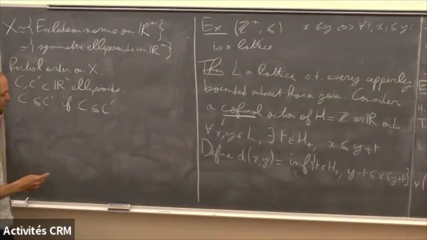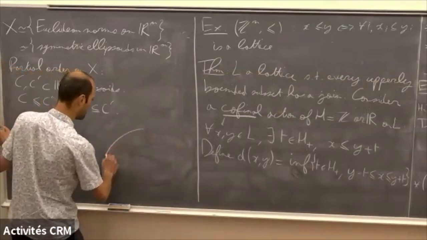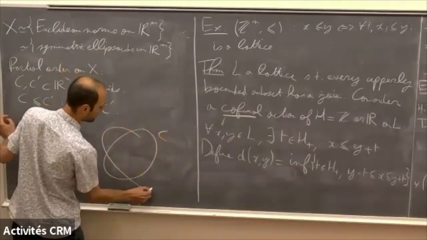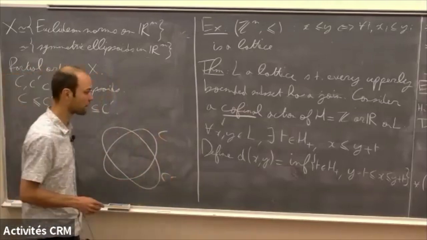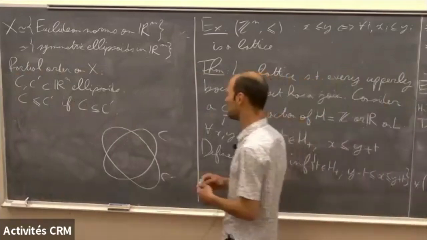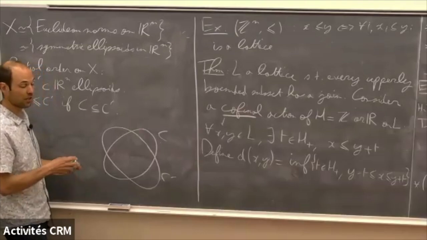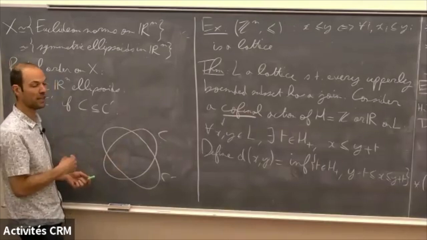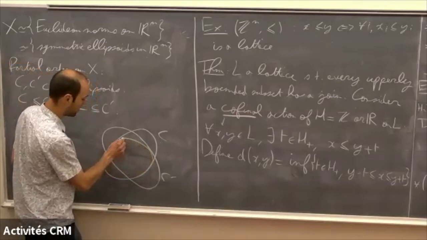So what would it mean? If you take, say, one ellipse here and another ellipse here, I'm looking for, say, a meet. What would it be? It would be an ellipse which is contained in both, and which contains any ellipse contained in both. I could try, for instance, this one.